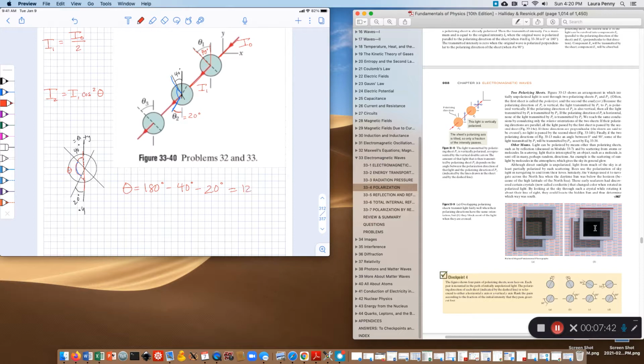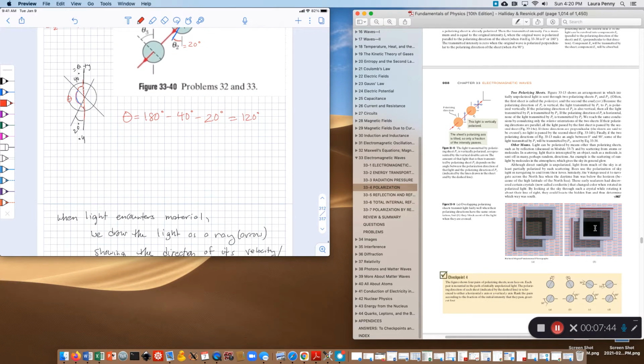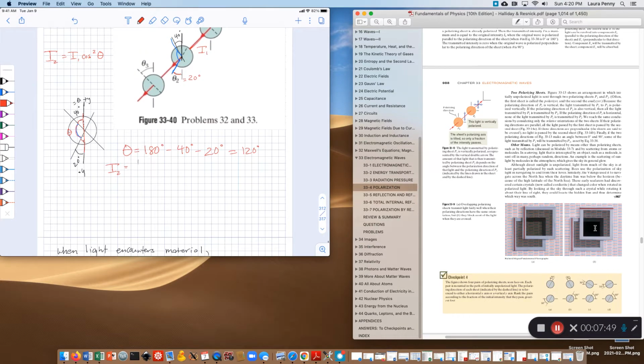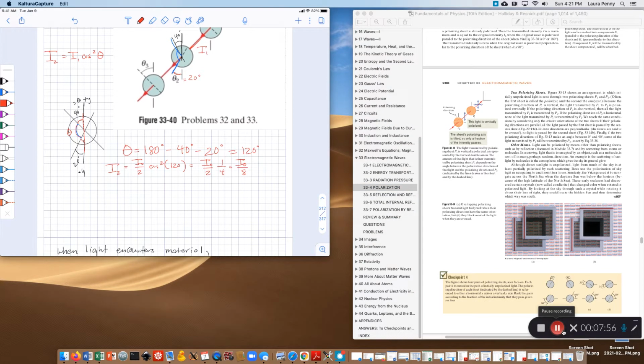And that's 120 degrees. So I2 is I1, which is I naught over 2, times the cosine squared of 120. Cosine squared of 120 is 1/4, and so we get an intensity of 1/8 of our initial.